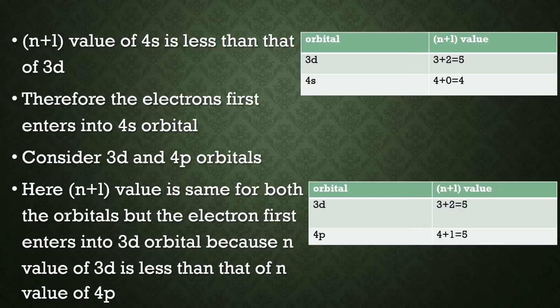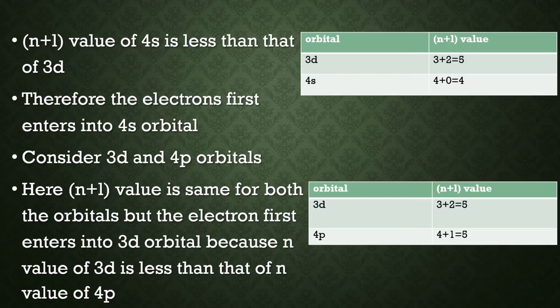Here, N plus L value of 3d is 3 plus 2 equals 5. For d orbital, L value is 2. For p orbital, L value is 1. That's why N plus L value of 4p is 4 plus 1 equals 5. Here, N plus L value is the same for both the orbitals 3d and 4p.